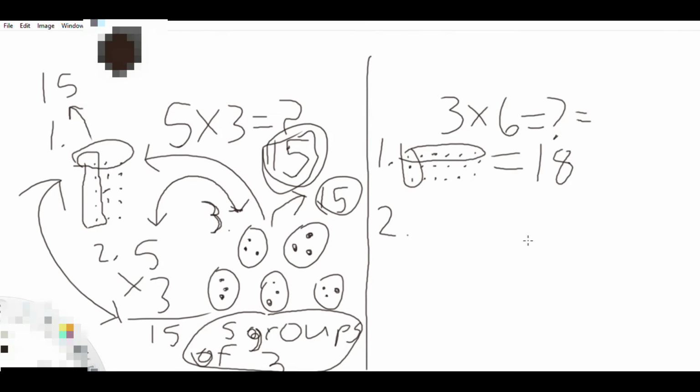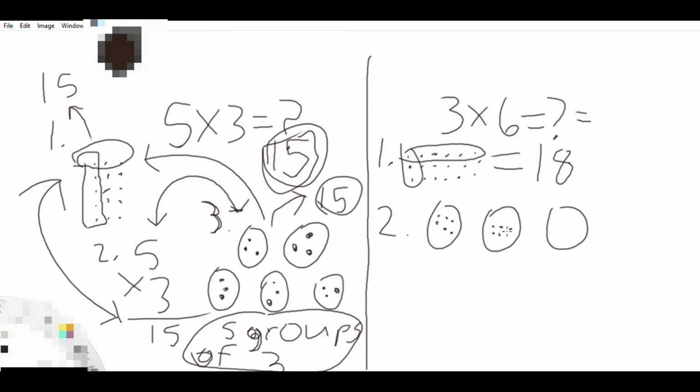Now, okay, so let's draw 3 circles, and inside those circles are 6 dots. Let me try to draw that. Multiplication is sort of similar to addition.